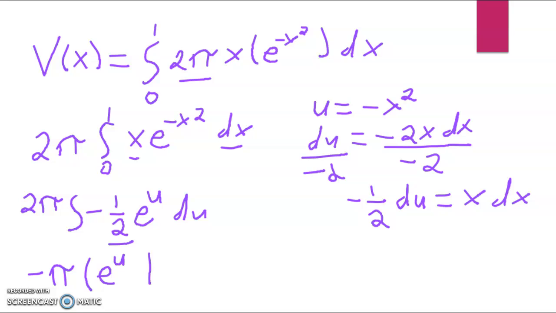So now our bounds of integration become 0 all the way up until negative 1. And we could go ahead and just replace that over here, 0 up until negative 1.